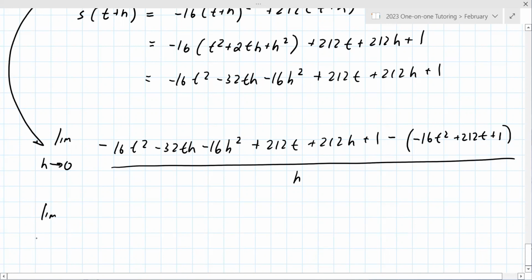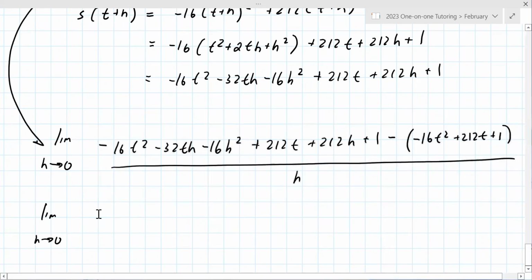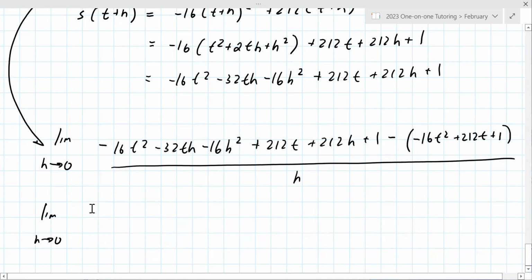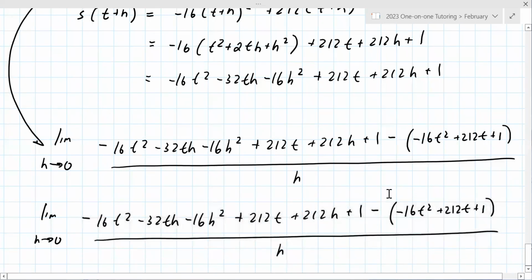And then limit as h goes to 0. So it's all of this again, but we're going to change the signs of what's in parentheses. So all this stuff on the right here is going to become plus, and then this one becomes a minus, this next one, and then a minus 1.